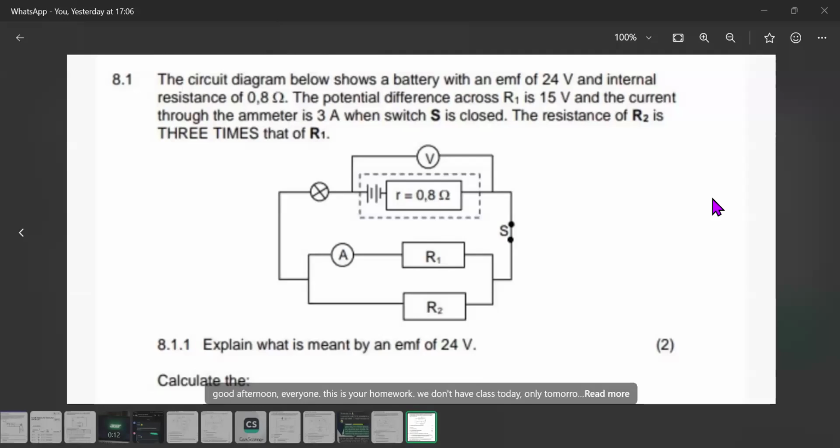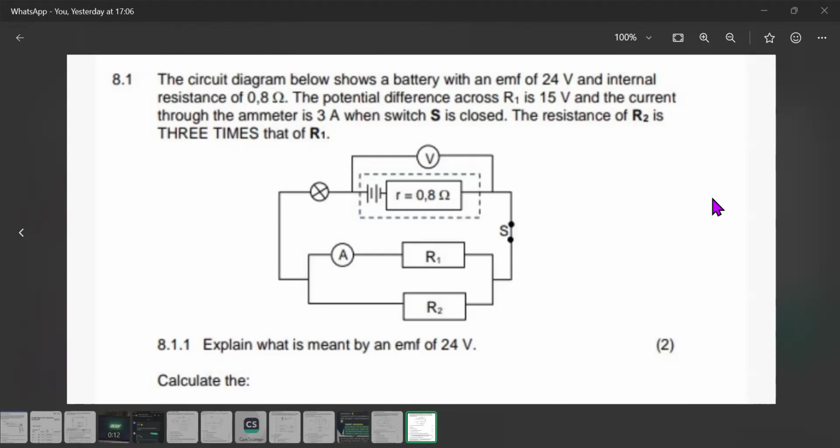Okay, so let's analyze the statement. They said to us the resistance of resistor R2 is 3 times the resistance of the resistor R1. Now, they gave us the potential difference of the R1 resistor.